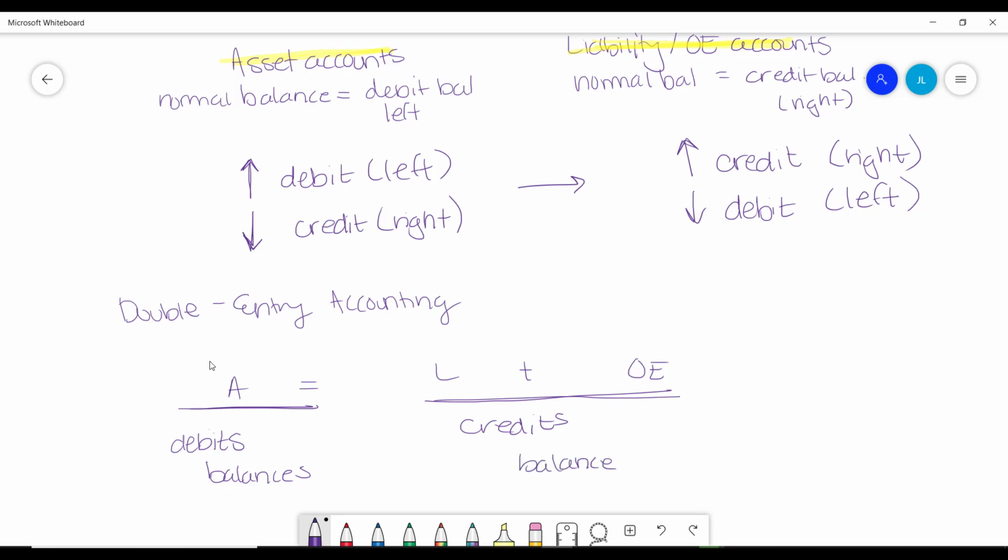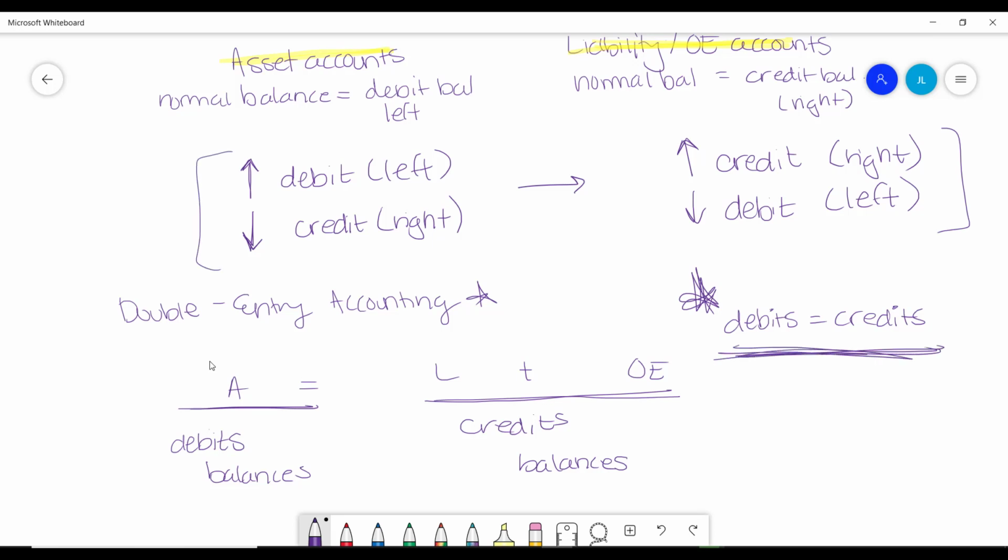So when we journalize, you're going to have to follow this rule. My debits need to equal my credits if I want to be in balance for a specific entry and for the entire accounting equation and the entire balance sheet. So that's a golden rule here. Not only are these debit and credit rules very important, but debits have to equal your credits when we are journalizing. Even though we haven't journalized yet together, just remember that rule.